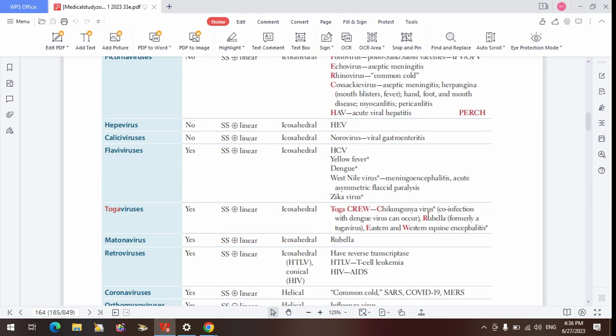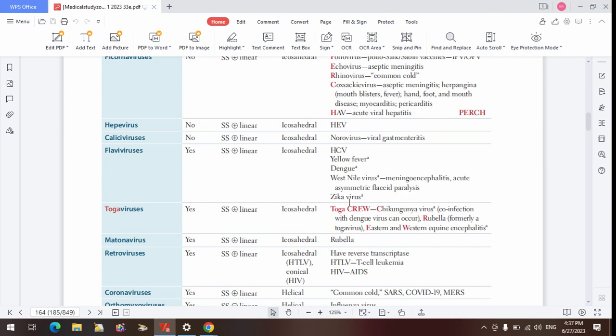I think it was more of joint pain, fever, arthralgia, rash, and then lymphadenopathy. There was lymphopenia or lymphocytosis or something. I can't really remember again.